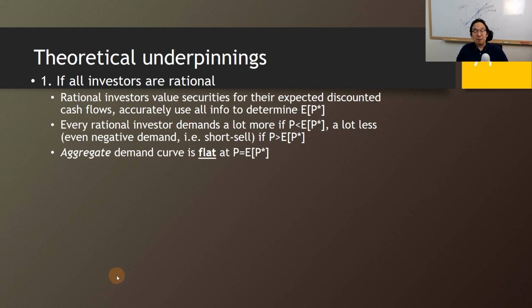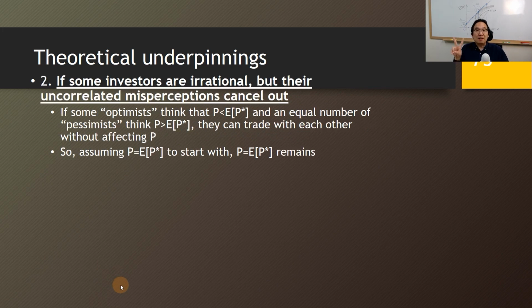Everybody's rational. Second scenario: a part of the investors are rational, but the other part are biased investors.